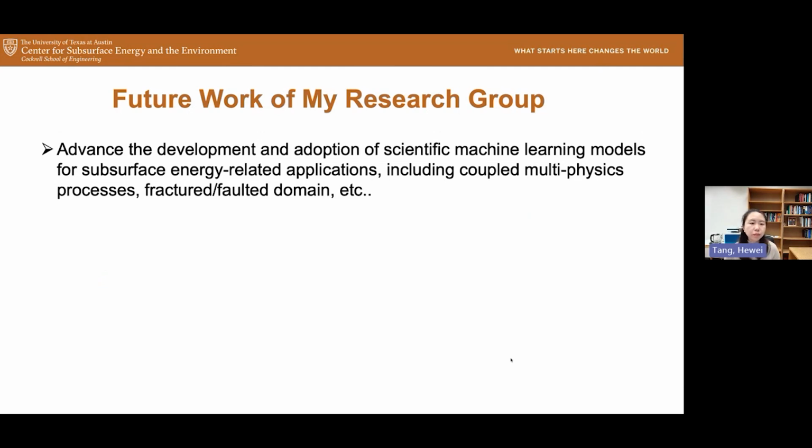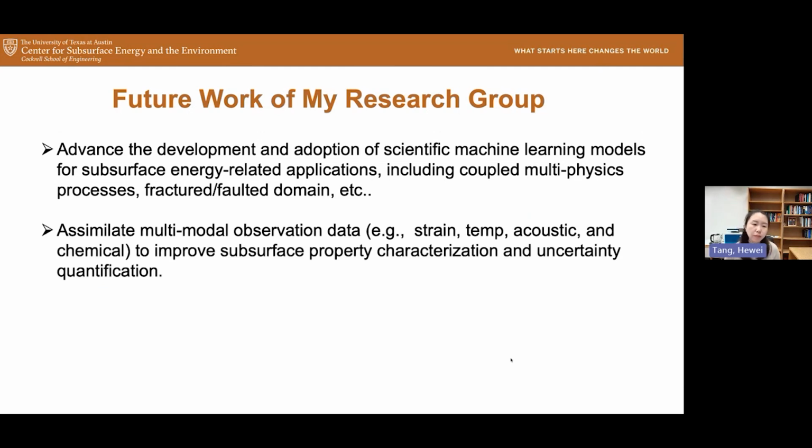Also, we want to assimilate multi-modal observation data. It can be strain, temperature, acoustic, or chemical data from fiber optics monitoring, or from other geophysics monitoring tools or seismic, to improve subsurface property characterization and uncertainty quantification.